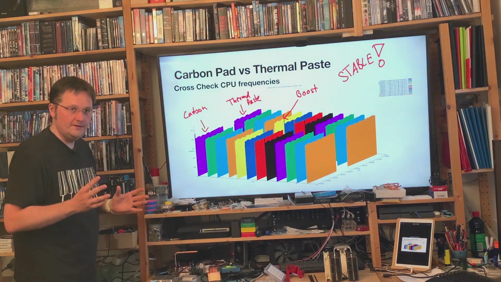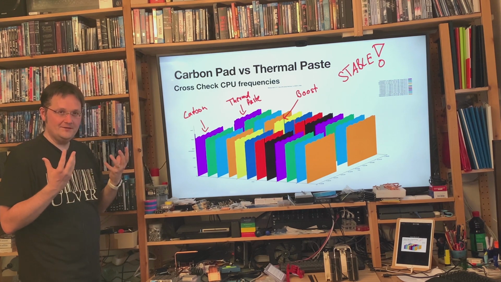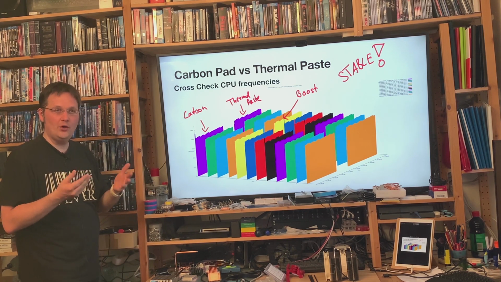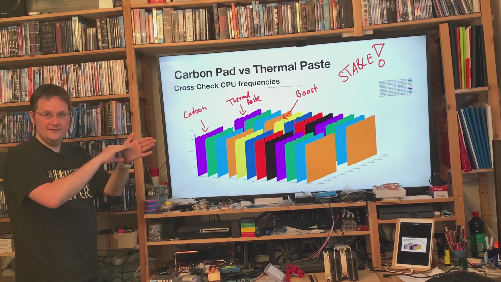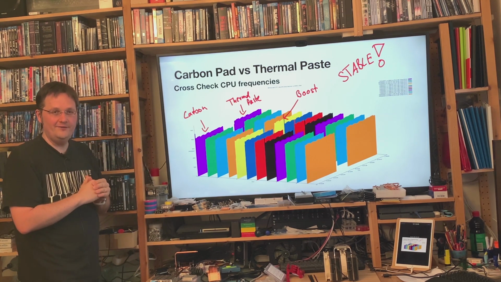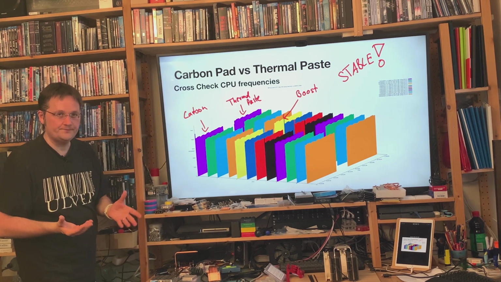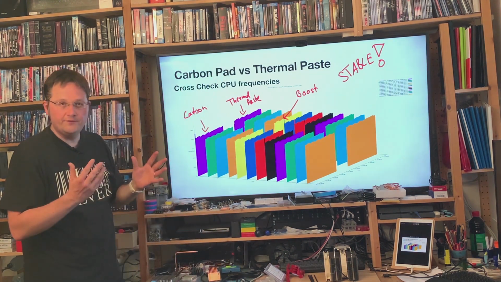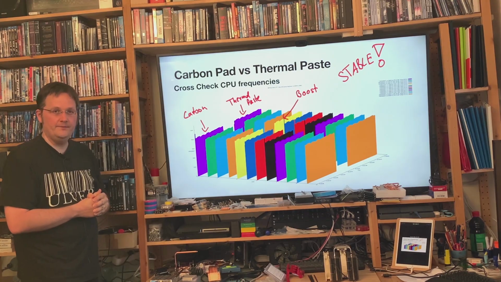This is important because the CPU could also stay within temperature boundaries if it clocks down its own frequencies. So we need to look at both things. We need to see that the temperatures are fine, and we need to see that the frequencies are on an even level in order to say whether the thermal solution is good or not. Here we can see that all the lines are straight, so the frequencies were okay, which means the thermal results were actually comparable to what we had before.